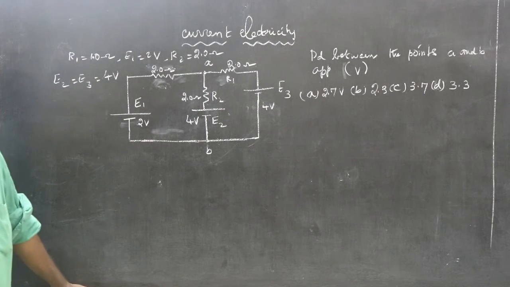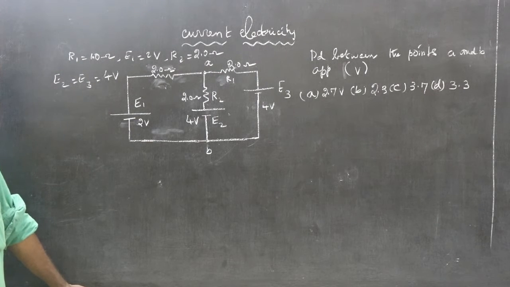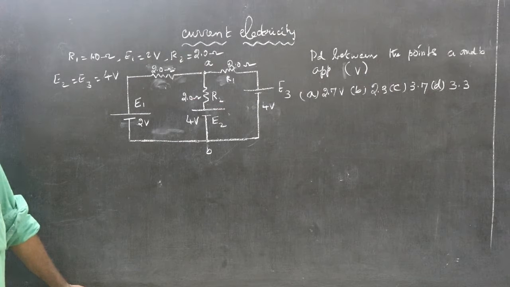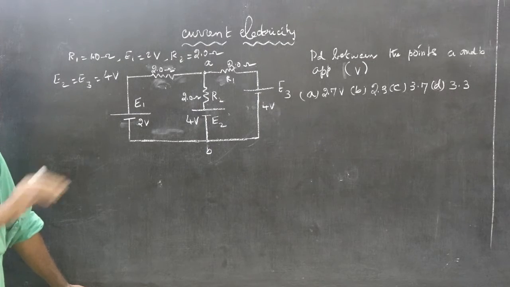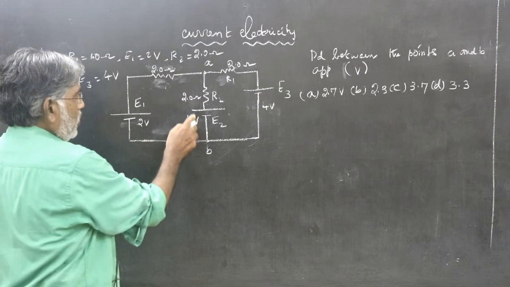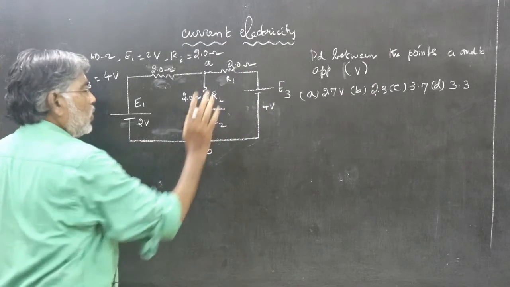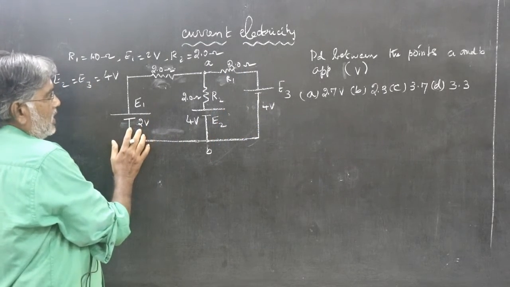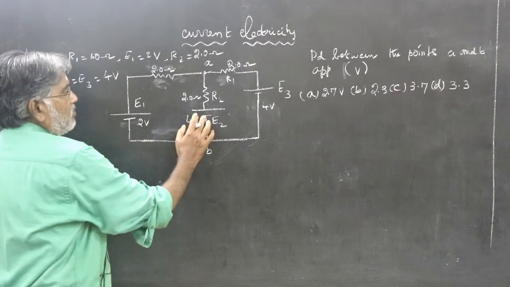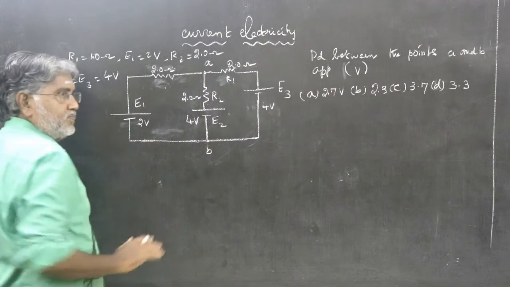Now you apply KVL. Even to apply KVL, you just think of a small thing. See here, 4 volt 2 ohm, 4 volt 2 ohm. This is singled out separately here. These two have identical EMF values and resistance values.